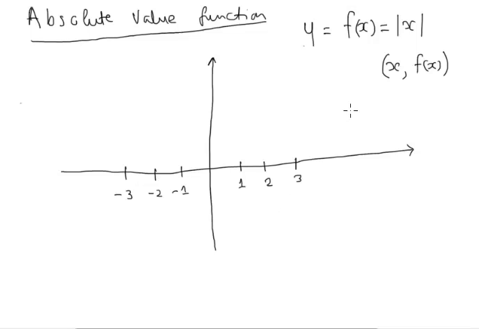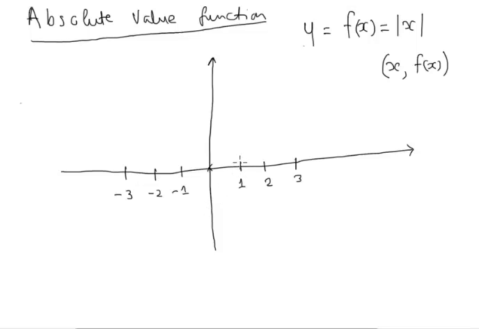Now, if we go on to what we said, if we pick 0, let's start at 0. If we pick 0 here, the absolute value of 0 is 0. Why? How many units are there from 0 to 0? 0. So this is going to be 0, 0, x being 0, f of x being 0, isn't it?